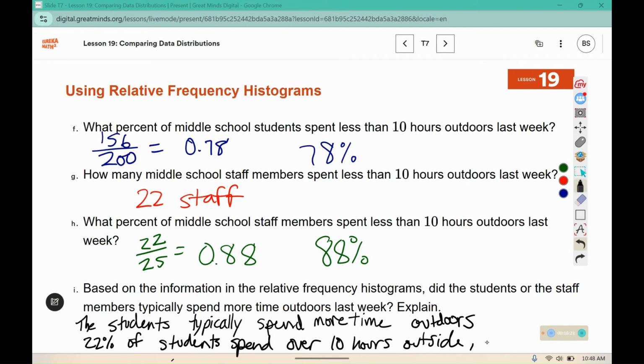So only 12% of staff spend more than 10 hours outside. So more students spent more time outside.